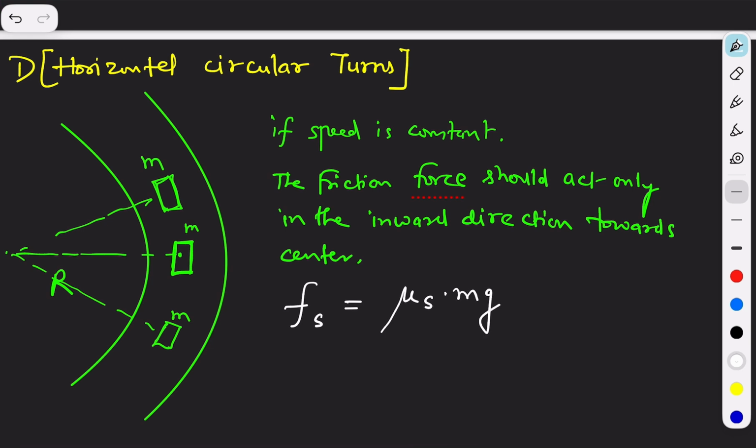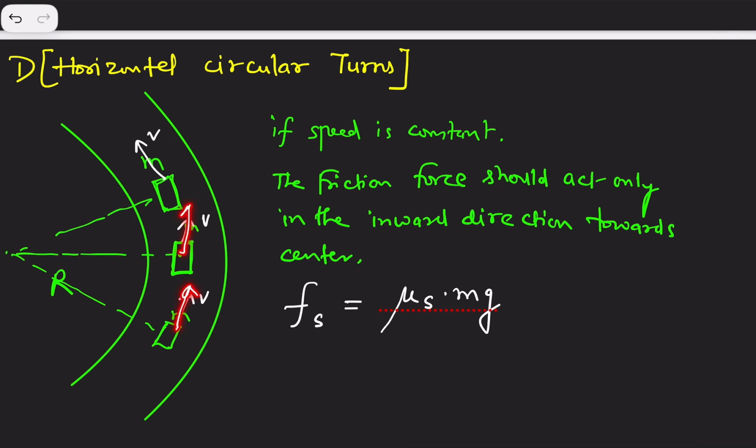When we are looking for the maximum speed with which you can take this turn, try to understand, there should be no component of the friction force in the direction of velocity. Because if some part of the friction is used in this direction, then the friction available in the inward direction will be lesser.